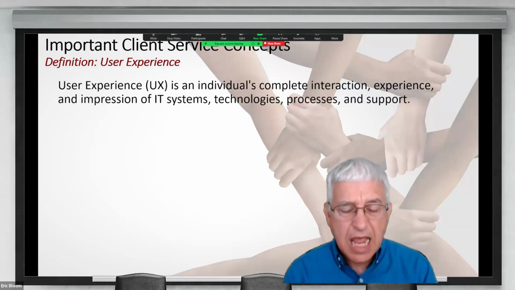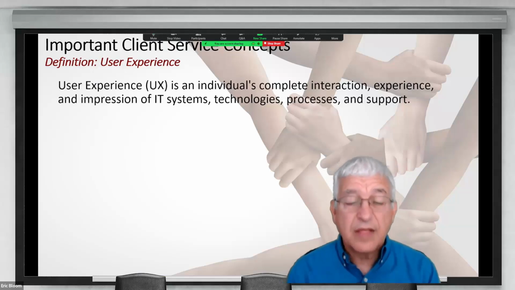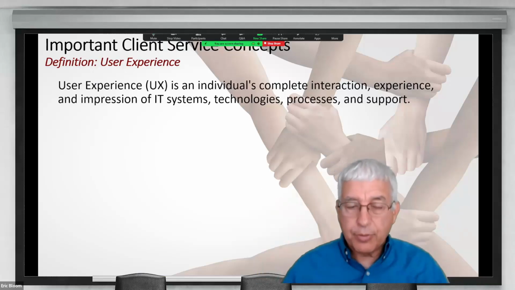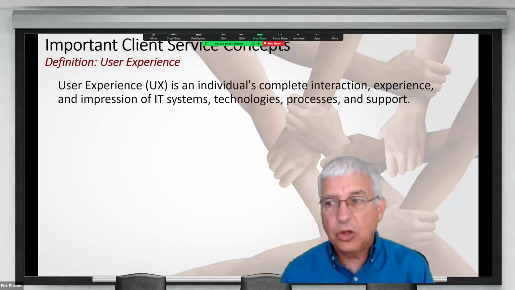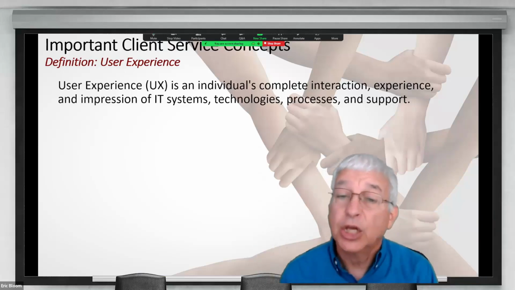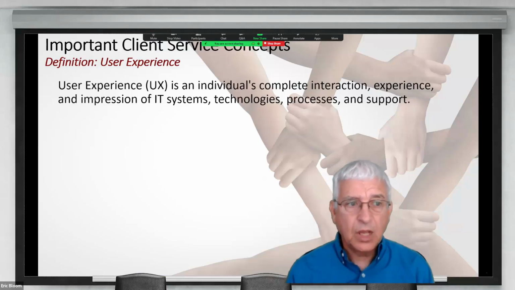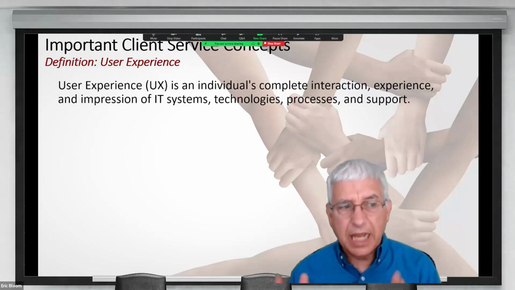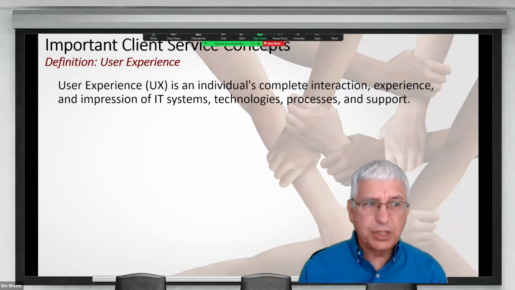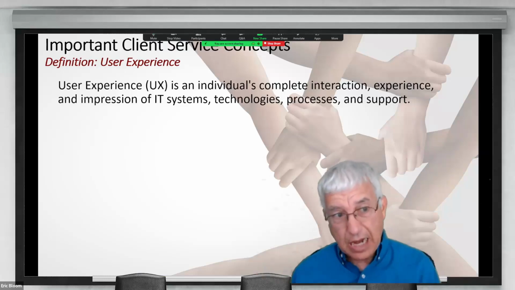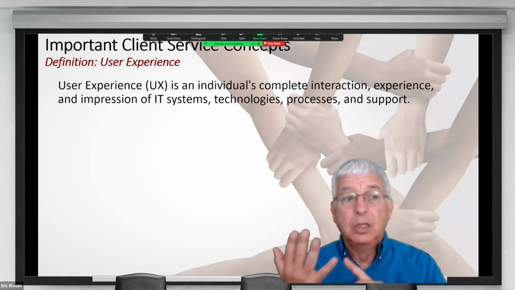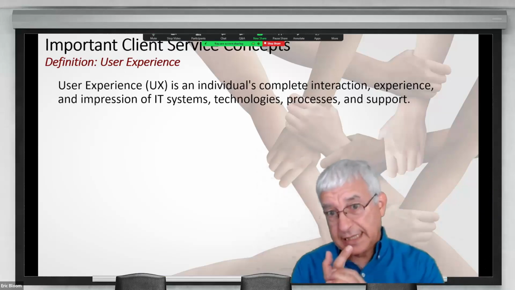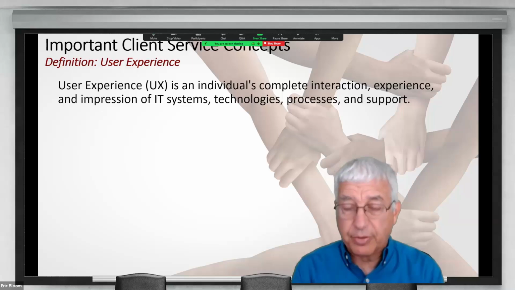The first of which is it's not just the help desk that defines the non-IT users' overall perception of IT. It's their full, what I like to call, or what is called, I should say, user experience. User experience is an individual's complete interaction, experience, and impression of IT, in regard to not just its people, but the systems it provides, the general technologies that are available, the processes that they have internally, and the support they provide.